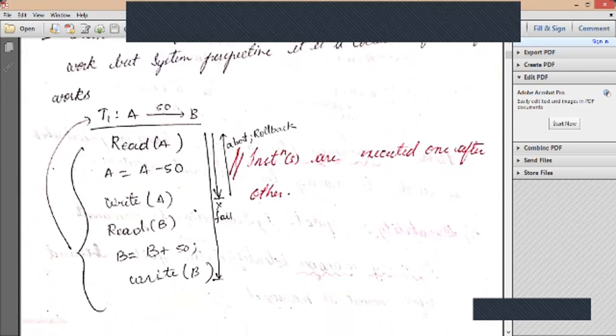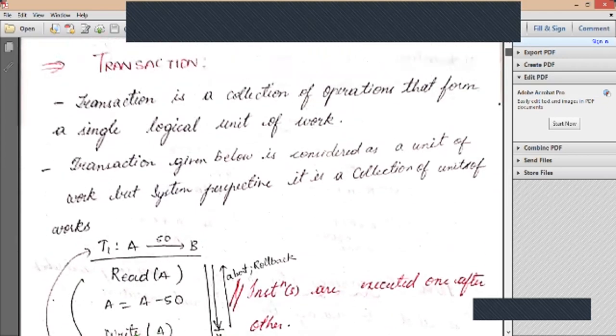We will read the amount available in A's account, then subtract the amount we want to transfer to B, that is 50 rupees, and update A's account. Then read B's account, add that 50 rupees to B's account and update it. That is one example of a transaction.